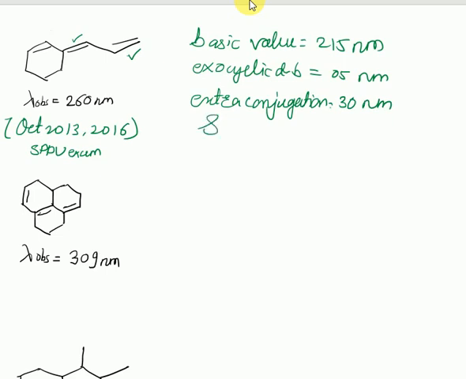Now see the substituents. 1 and 2, there are 2 substituents, so 10 nanometer is contributed by the 2 substituents.